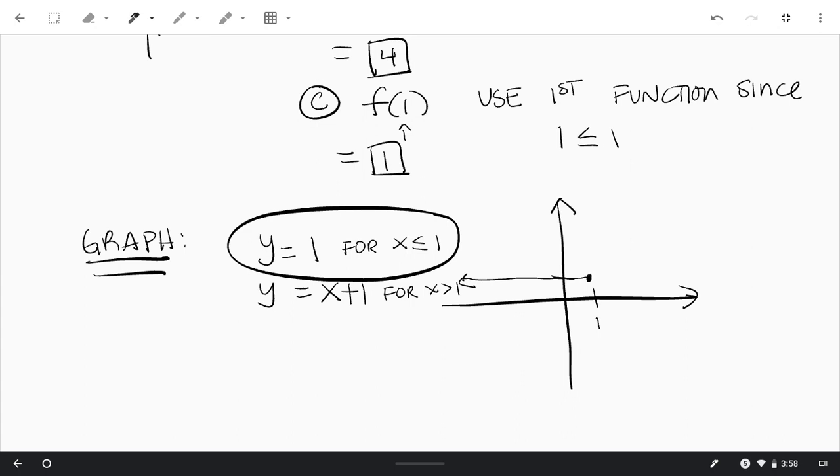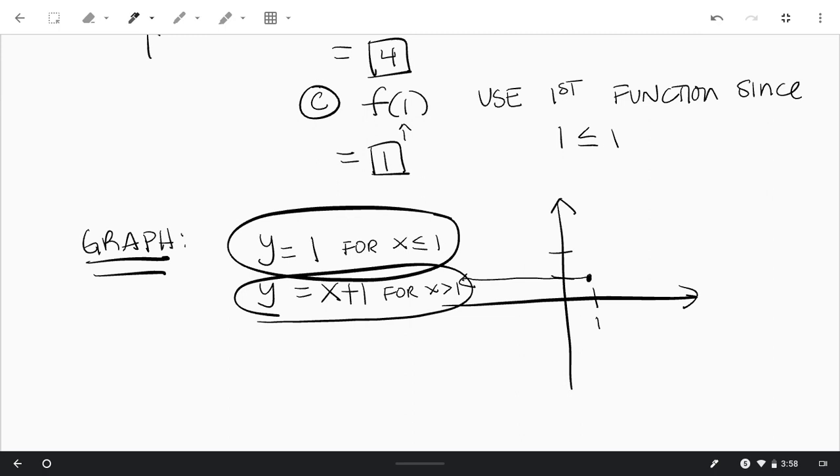Now, starting from there, we're going to use this graph. So that graph, well, you can plug in numbers. When x is 1, we get 2.